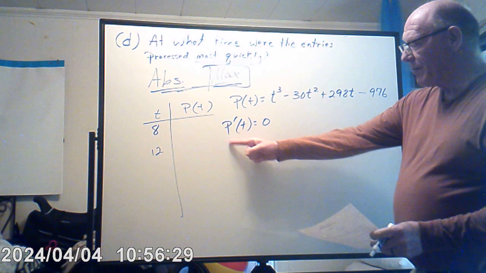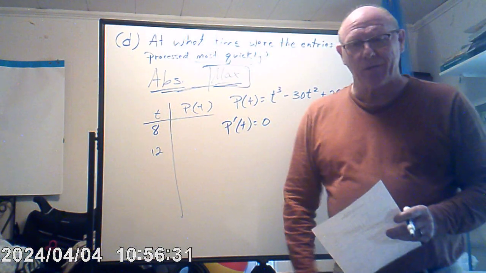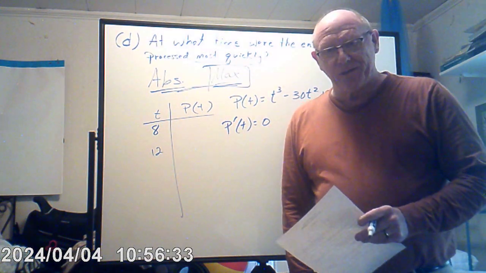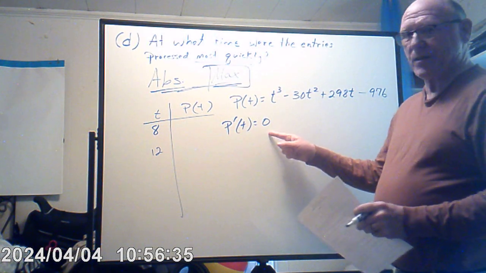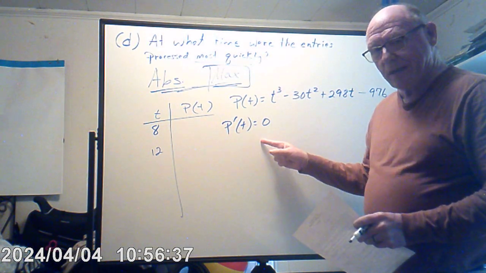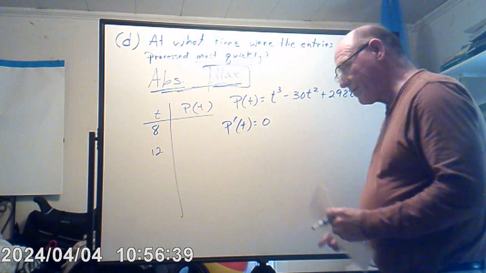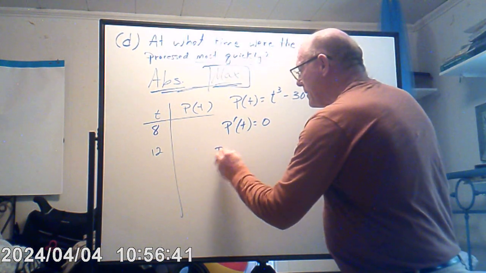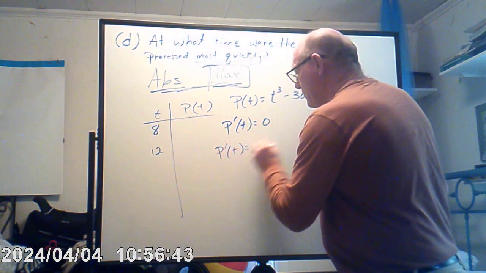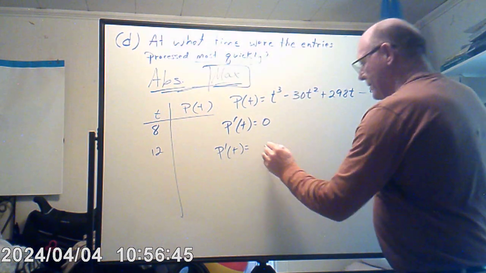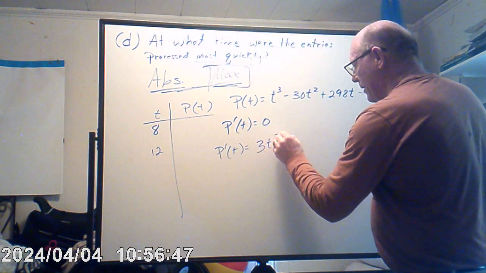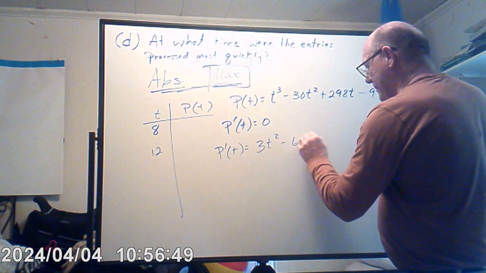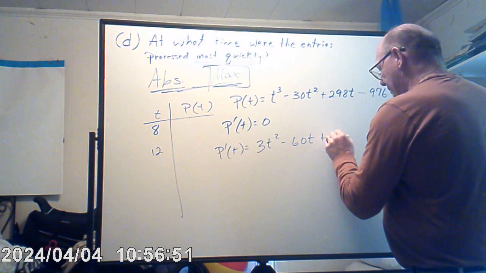If you get this, you may even get a point for showing the graders that you understand this. P prime at T needs to be equal to 0. So now I need to find P prime at T. P prime at T is equal to, this is easy enough, 3T squared minus 60T plus 298.